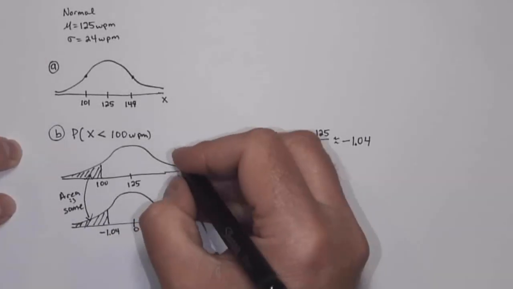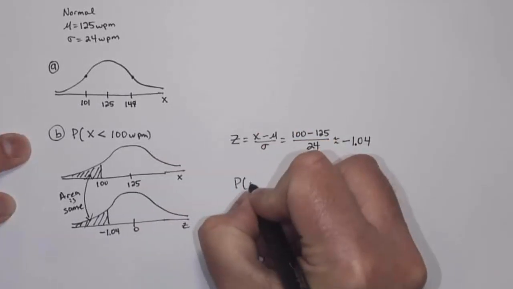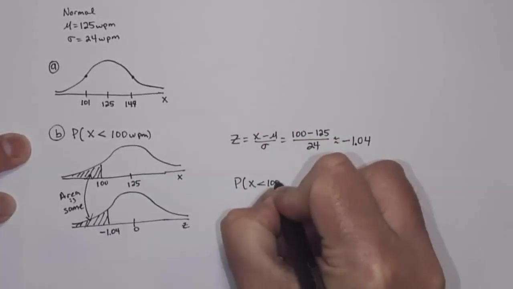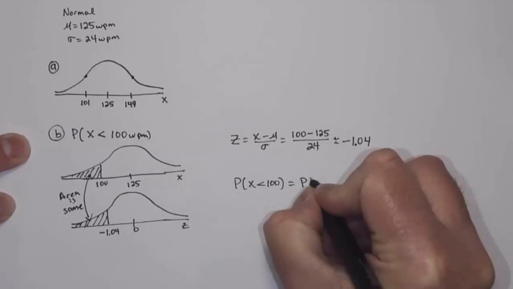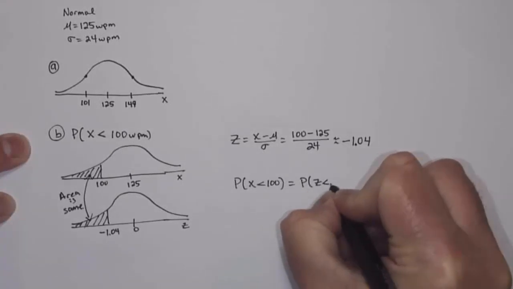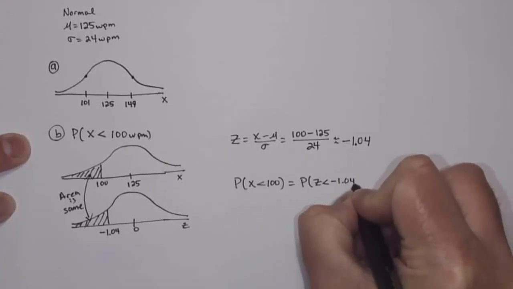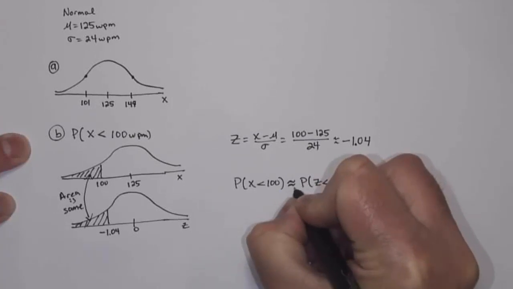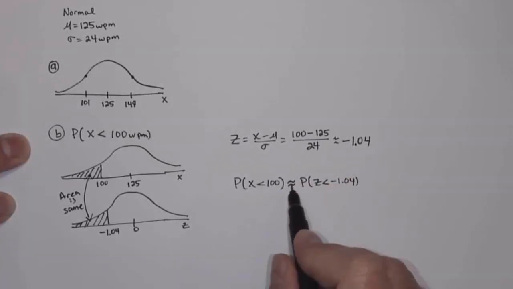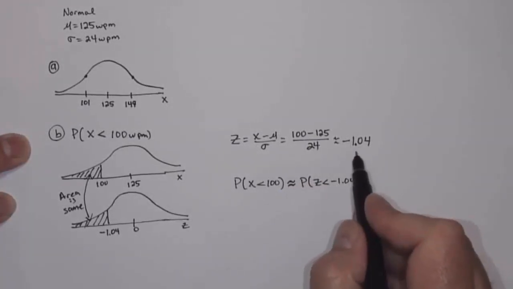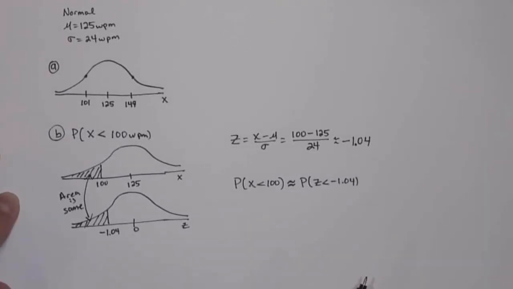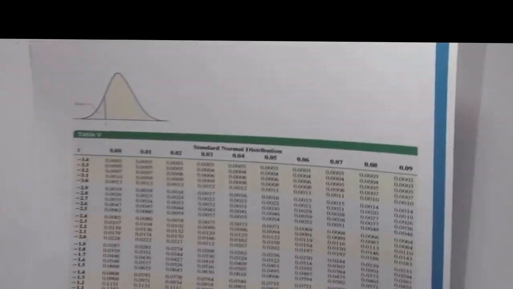Okay? So, the probability of x being less than 100 is equal to the probability of z being less than negative 1.04. At least they're approximately equal, and they're approximately equal again only because we had to round. If we didn't have to round, they would be exactly equal. Well, we can use our standard normal table.